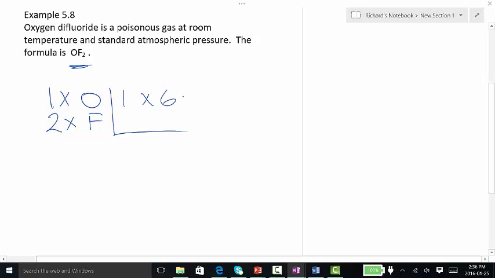Each oxygen atom brings 6 valence electrons. There are 2 fluorine atoms. Each fluorine atom brings 7 valence electrons. So that's a total of, well, 1 times 6 is 6, 2 times 7 is 14, 6 and 14 is 20. There are 20 valence electrons available for bonding.